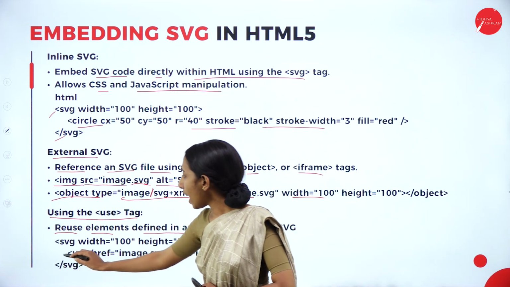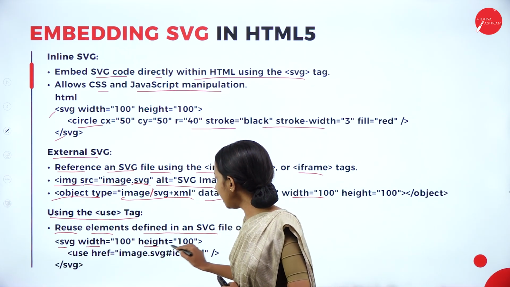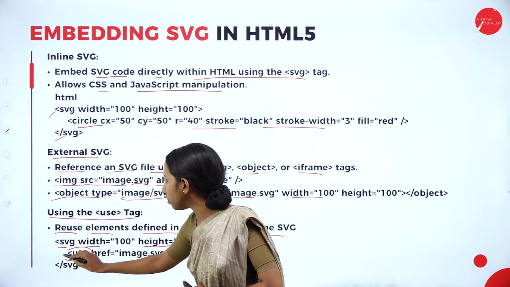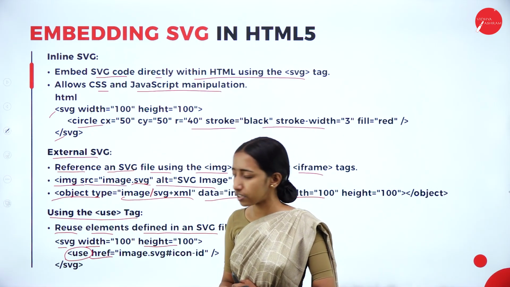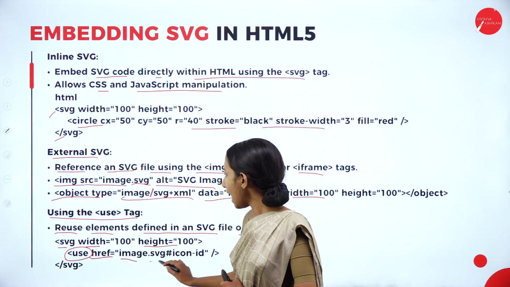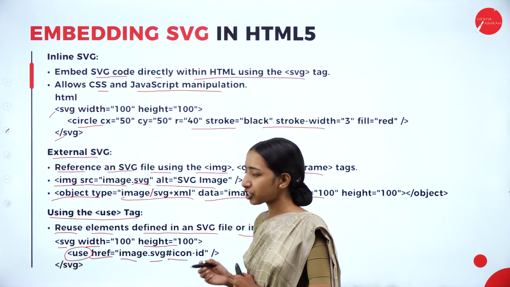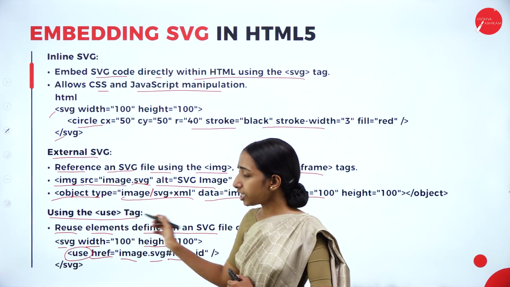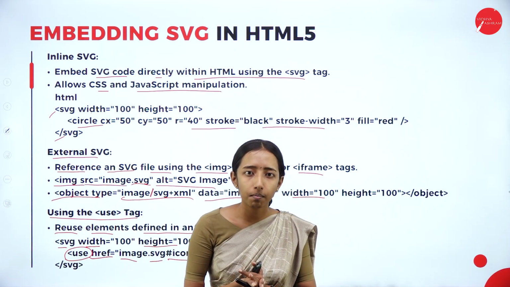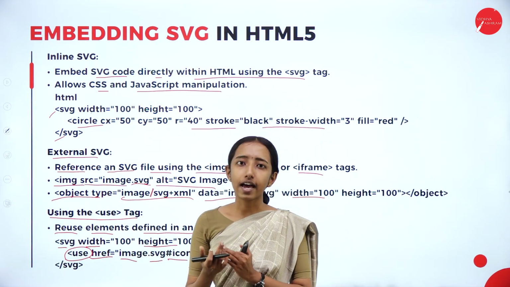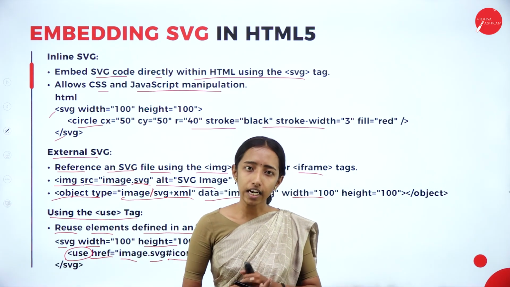So SVG width 100, height 100, and here you can see I am using the use tag, and here we have given the href link, that is image.svg#icon id. So in this way we can embed SVG files in HTML, as external and also as inline.